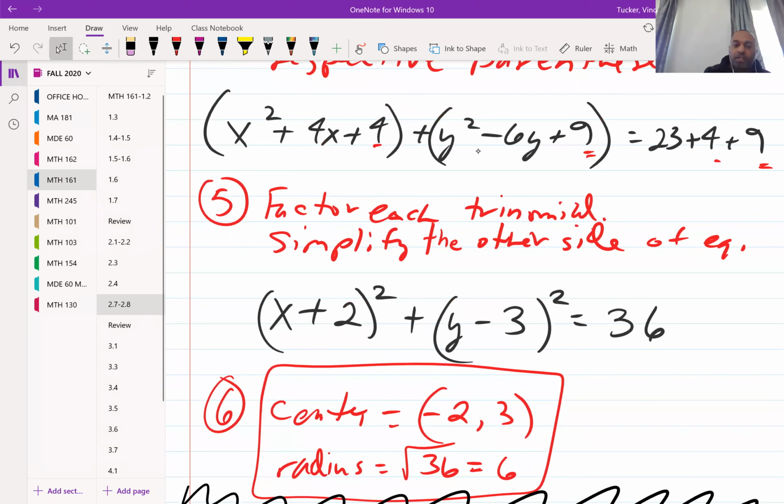Now we can pick out our center and our radius. Remember, use opposite signs for our coordinates. That'll be a negative 2 and positive 3. Then take the square root of 36, which is 6.